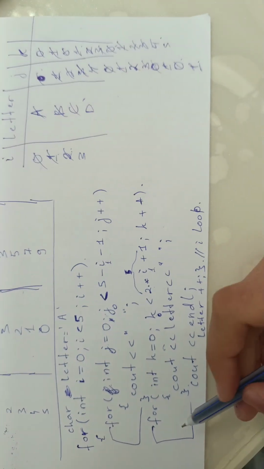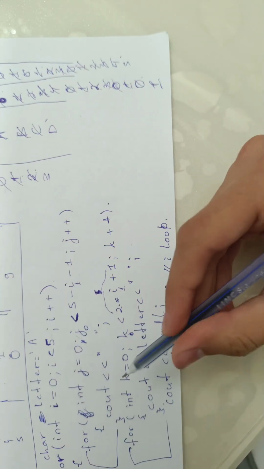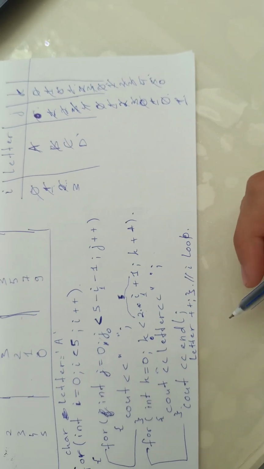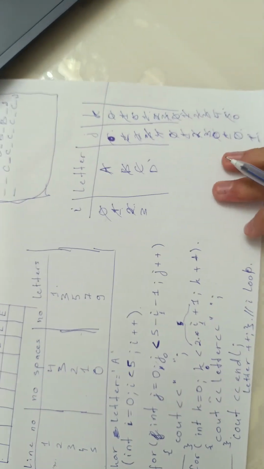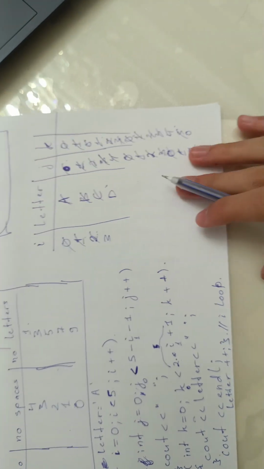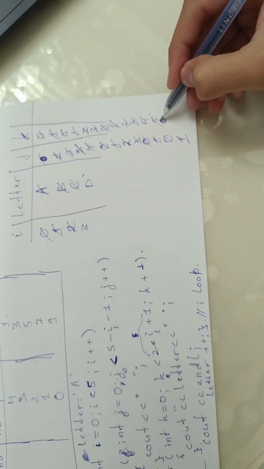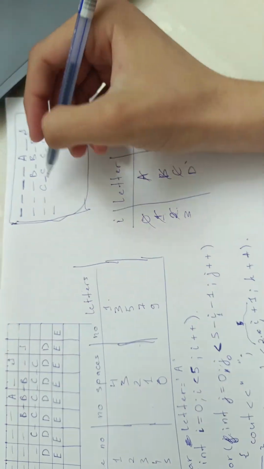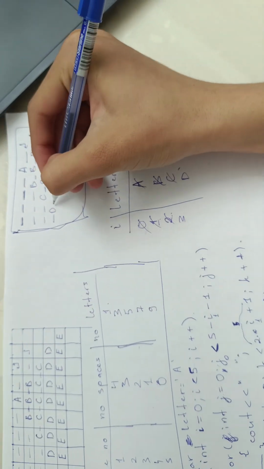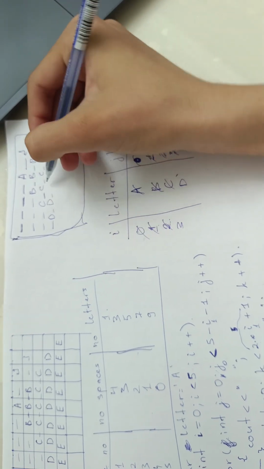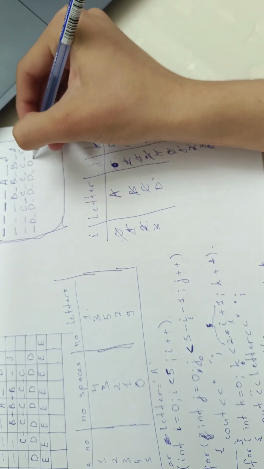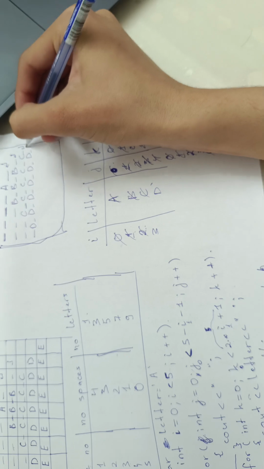Then it goes to the second inner loop, K. K equals 0. This time K checks 7 times, and 7 D's and 7 spaces will be printed out: 1, 2, 3, 4, 5, 6, 7.